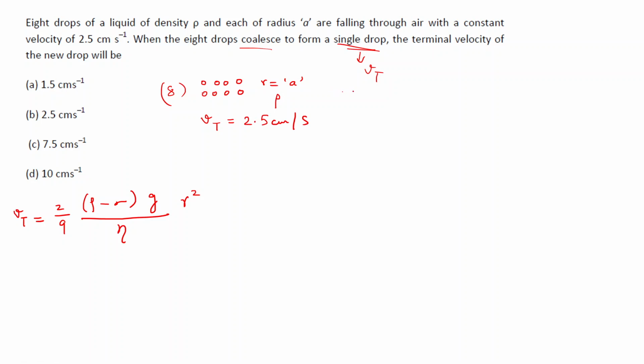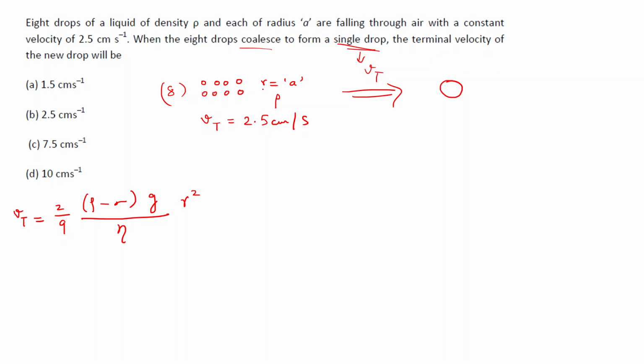And then what happens, due to some reason they all merge together to form a single big drop. Of course the radius will be more because all volume of these 8 small drops will merge to form a drop of bigger volume and 1 in number. So its radius we need to find out.